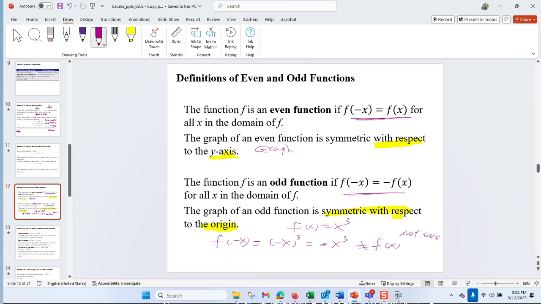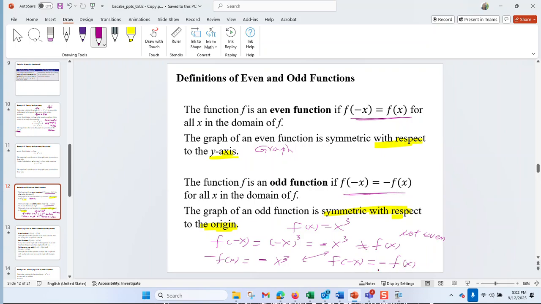Alright, now we calculate negative f of x. What's my negative f of x? My f of x is x cubed, so negative f of x is negative x cubed. These two are equal. So that means I proved f of negative x equals negative f of x. These two calculations are a little bit different.